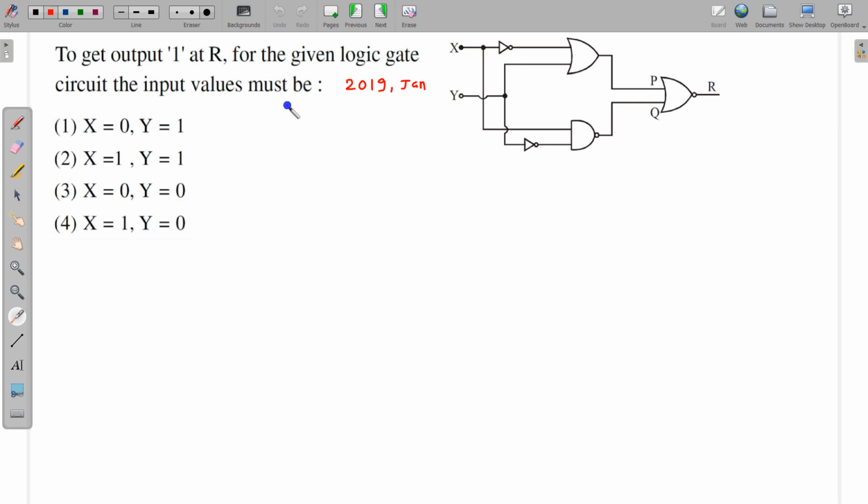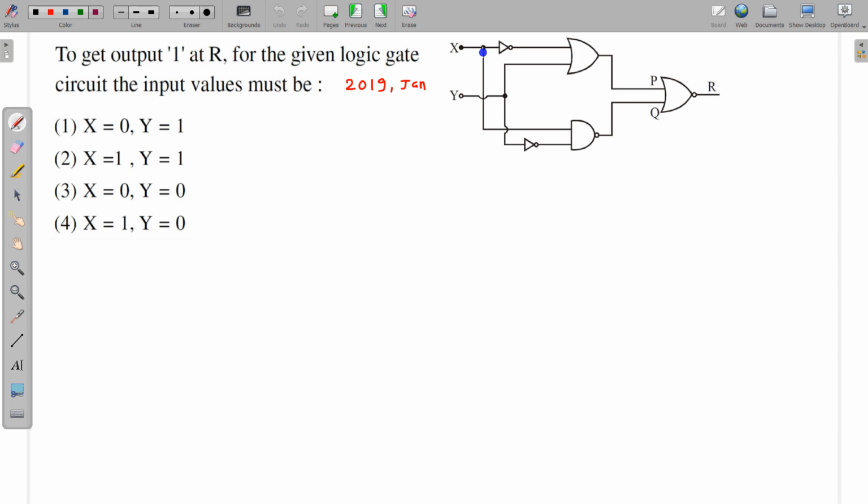One method can be to check all these options. Another is to draw the truth table for this operation, and by drawing the truth table we can easily see which is the suitable option. Or if possible we can use the Boolean algebraic relations and do this problem easily.